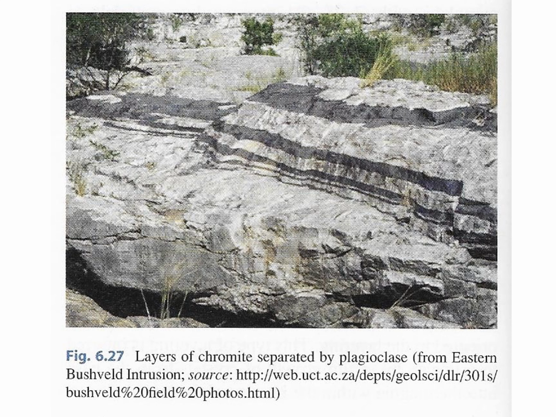So here we have a nice picture from the Bushveld complex, and the Bushveld complex is a layered intrusion, and here these dark bands, these are layers of chromite separated by plagioclase, yeah?